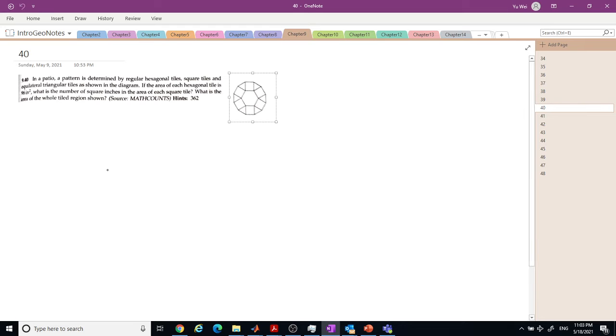Okay, so this one, we have a patio. A pattern is determined by a regular hexagon tile. We have a hexagon tile, we have the equilateral triangle, and we have the square.